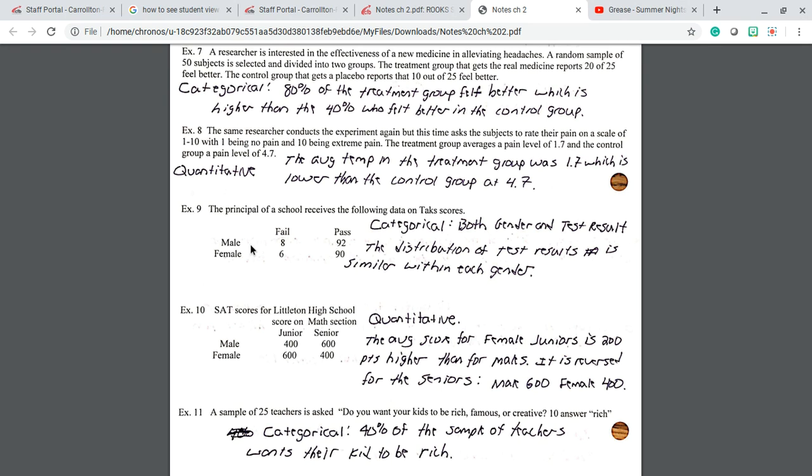And again, for each student, you would first ask, are they a male or a female? Then you would categorize them. But you then ask the follow-up question, what's their score? You might think, that's quantitative, but no, you then assign it to a category. If they had a certain score, it's failing or passing, so ultimately this is categorical.